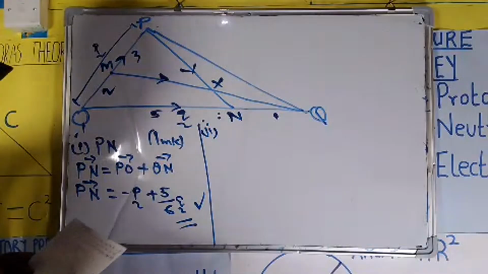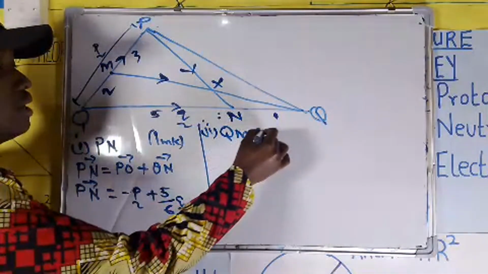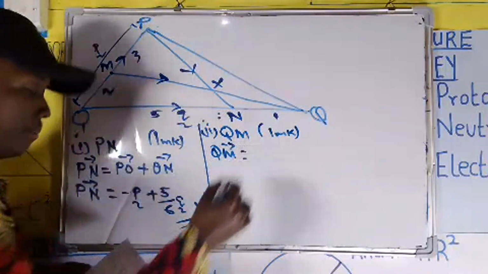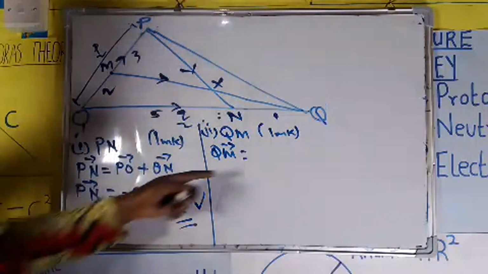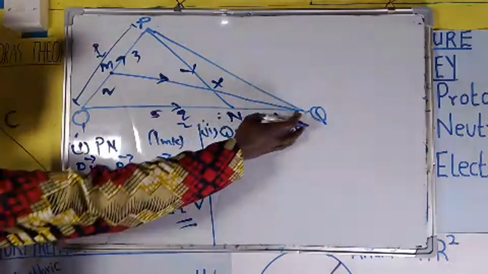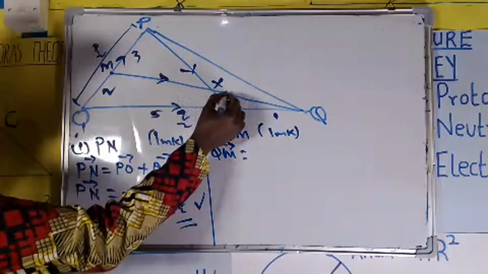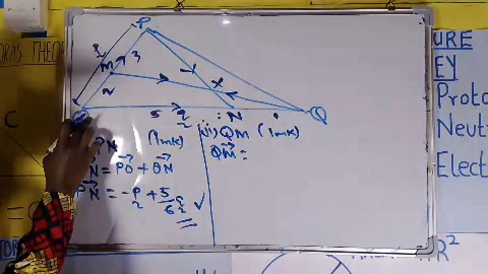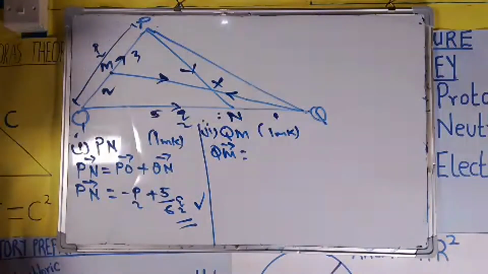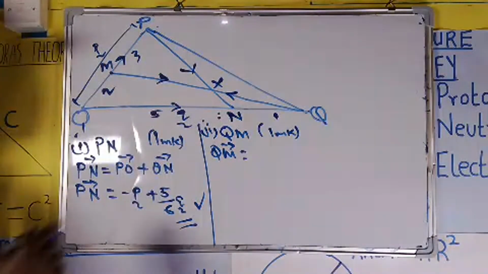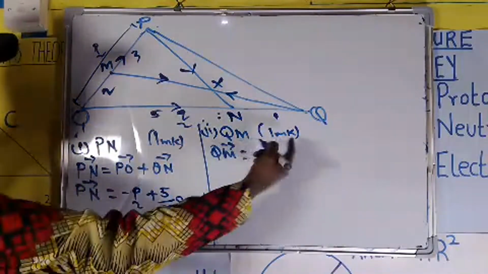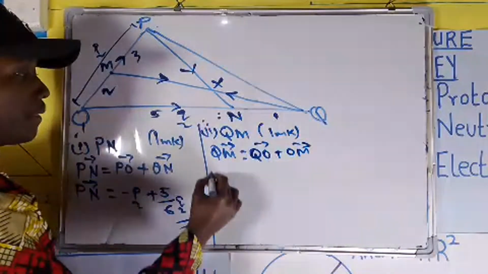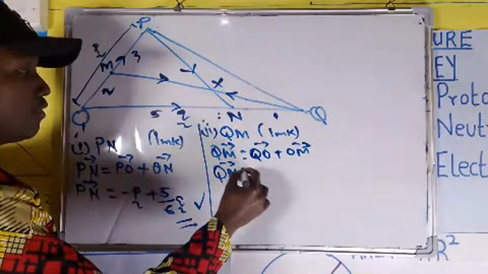Roman 2, QM, 1 mark. So we are moving from Q to M. Where is Q? Q is here, M is here. So from Q to M we pass through QO plus OM. So our QM will be equivalent to QO plus OM.